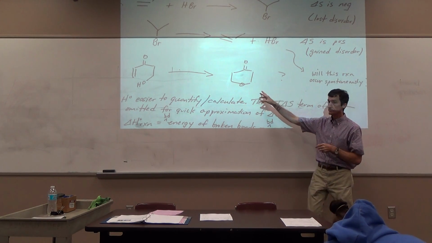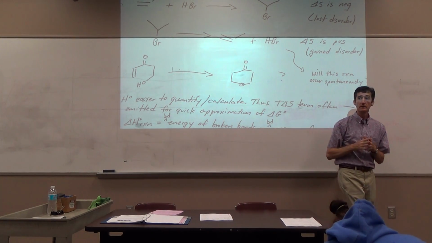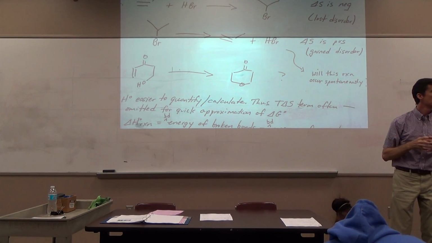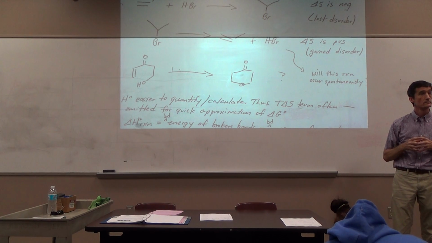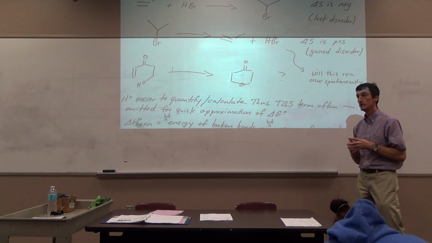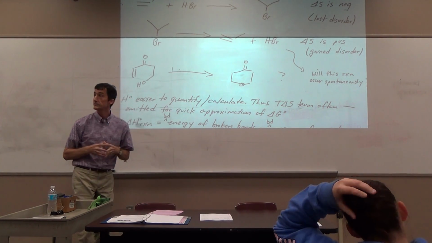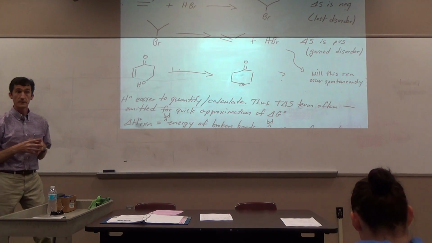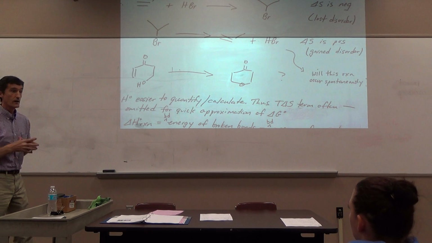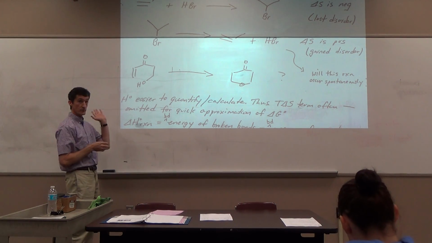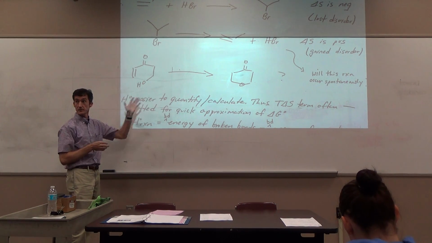Would heating this reaction make it go to the right? Maybe. Which term does temperature magnify? Entropy, yeah. So do you want to magnify entropy to make this reaction go?